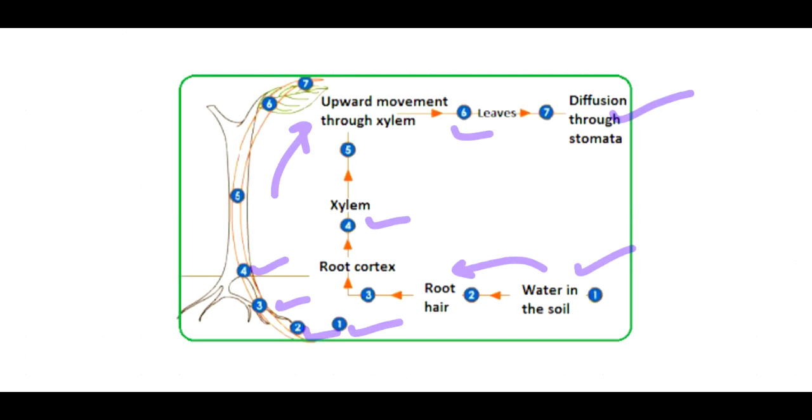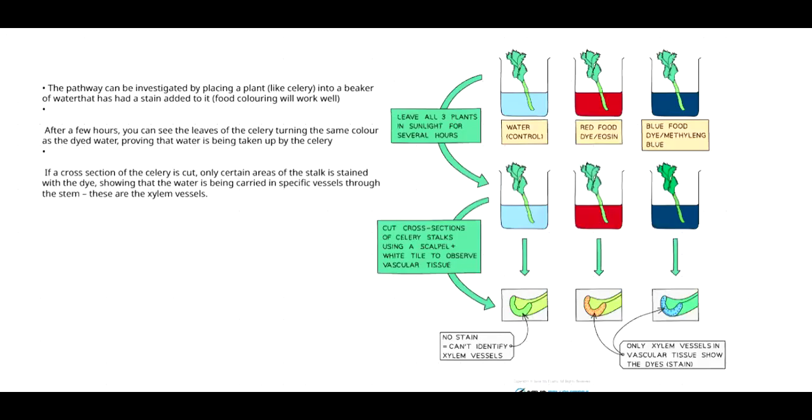So at the end, after discussing the pathway, we will see how water actually moves in a plant. Students, we will take three plants, most probably the celery plant. Celery is a very common vegetable. As you see, we cut the stem of each celery plant and place it in a beaker with a different color solution.